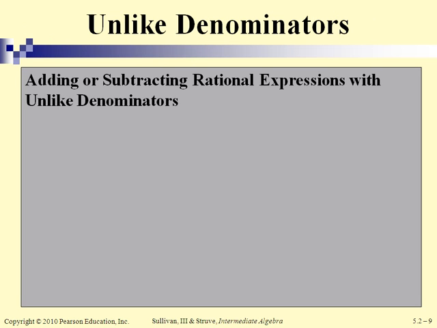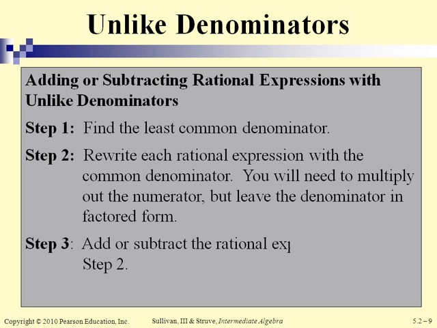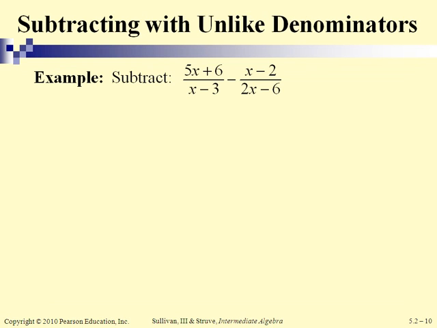How about if you don't have the same denominator? You find the least common denominator, just like what we did, and then you add or subtract, and then at the end, you simplify. Okay? It's better to do one example. Do they have the same denominator? No. So you try to find the least common denominator.